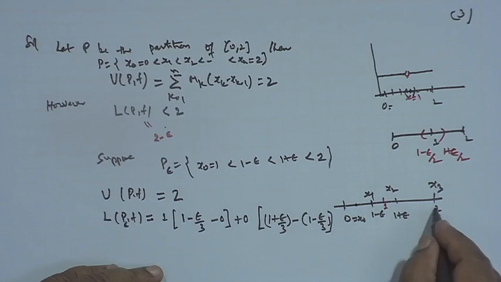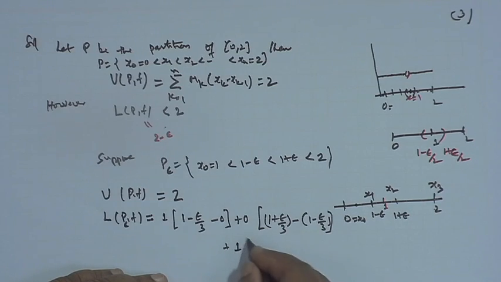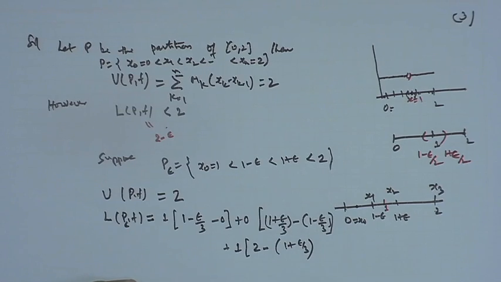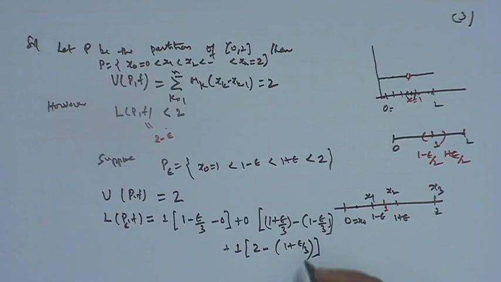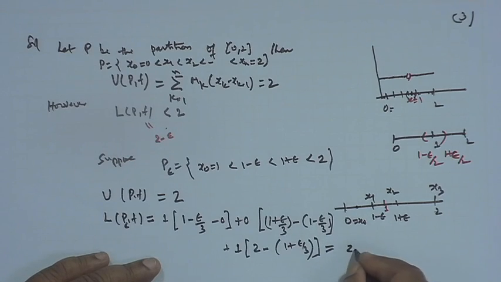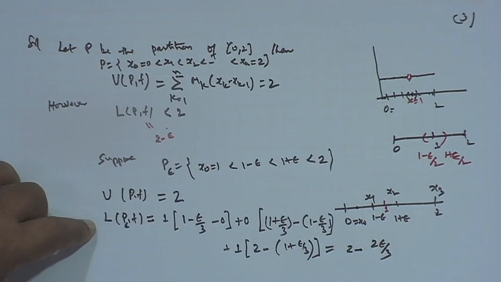Over the last interval the function is again 1, giving 1 times (2 minus (1 plus epsilon)). Overall, this sum comes out to be 2 minus 2 epsilon. So, the upper sum is this, and the lower sum of this.